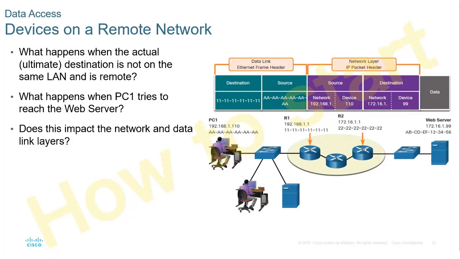This router will receive the frame, then it will remove the frame. It will then replace it with the next hop's MAC address. While the IP addresses stay the same, the MAC addresses change.